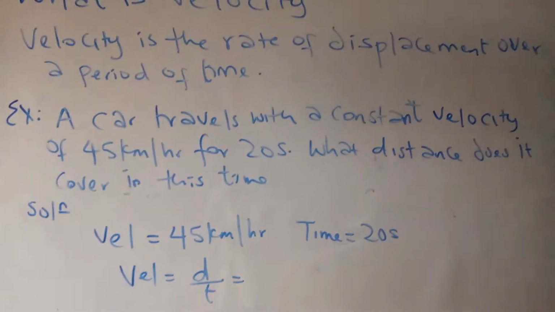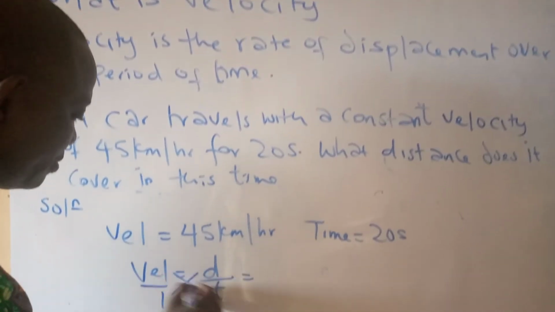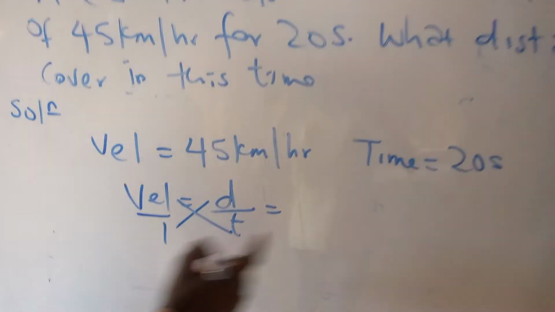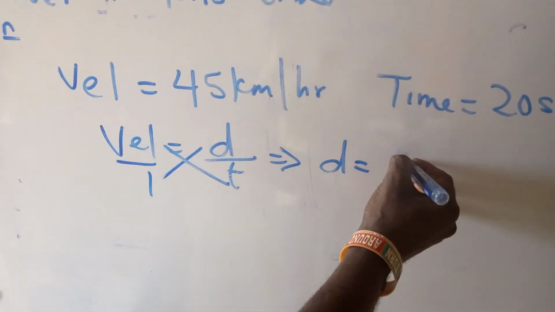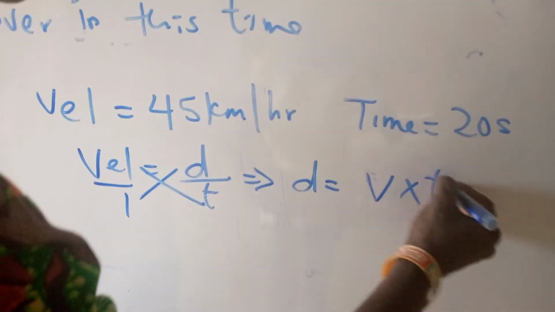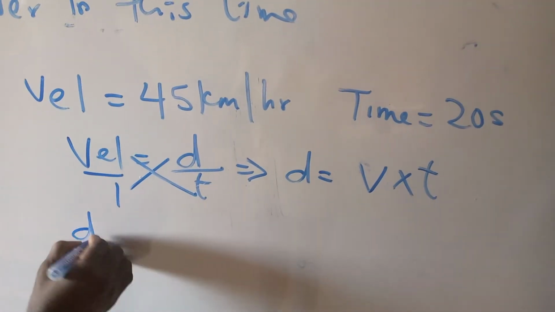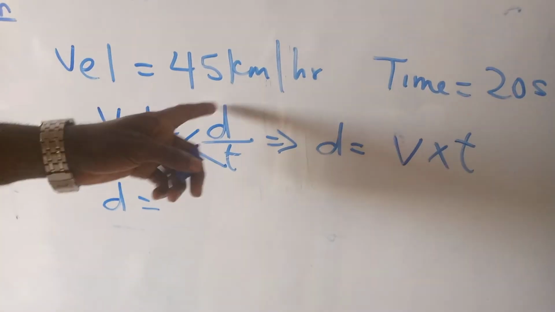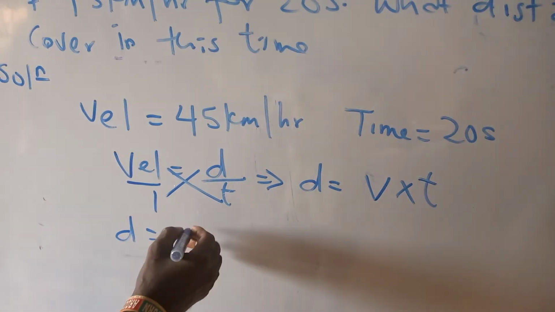To get distance, you cross multiply. So you do d times 1, which will give you d, and velocity times time, which is v times t. The question says we should calculate distance. So d equals velocity, which is 45 kilometers per hour.